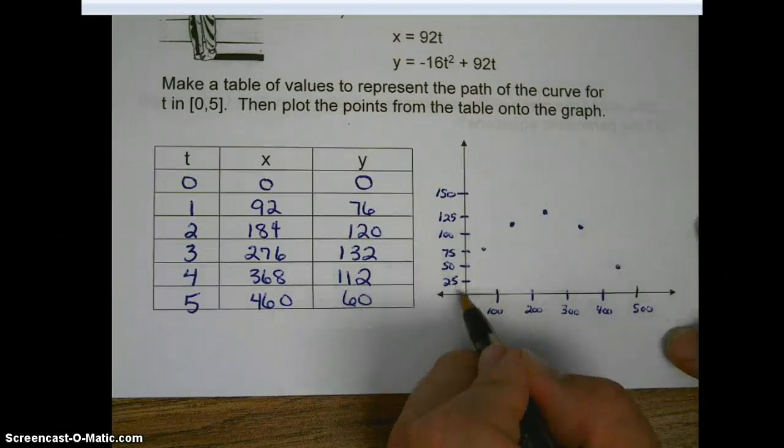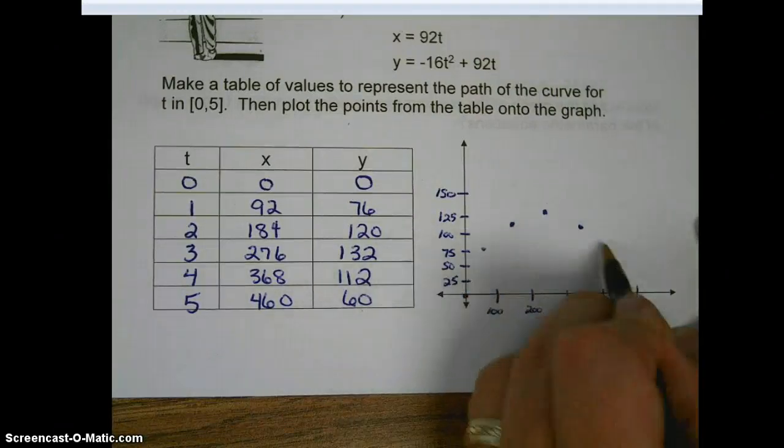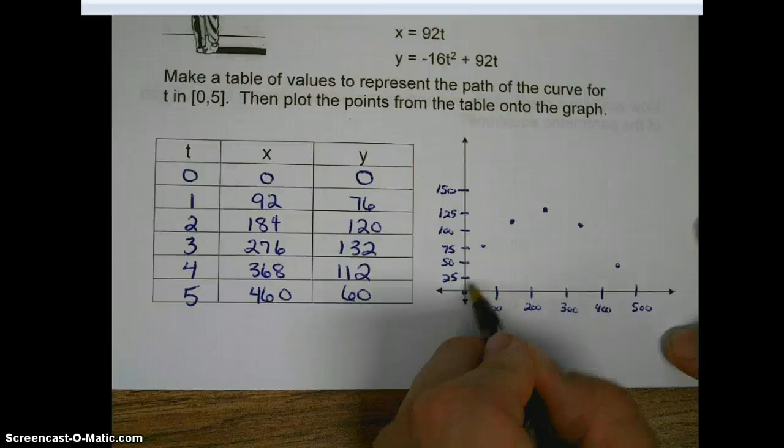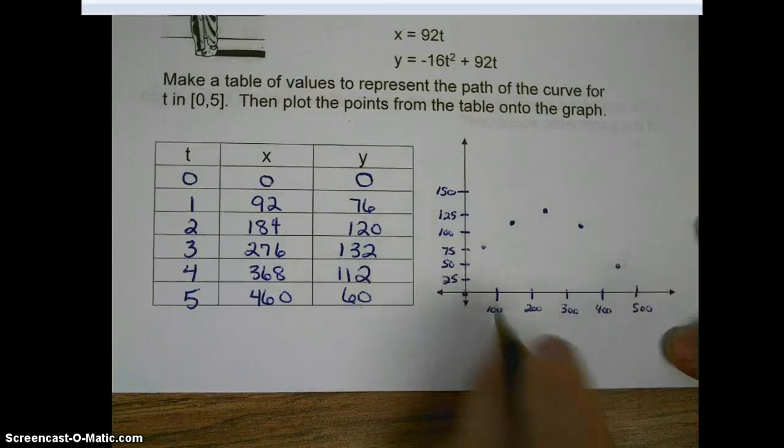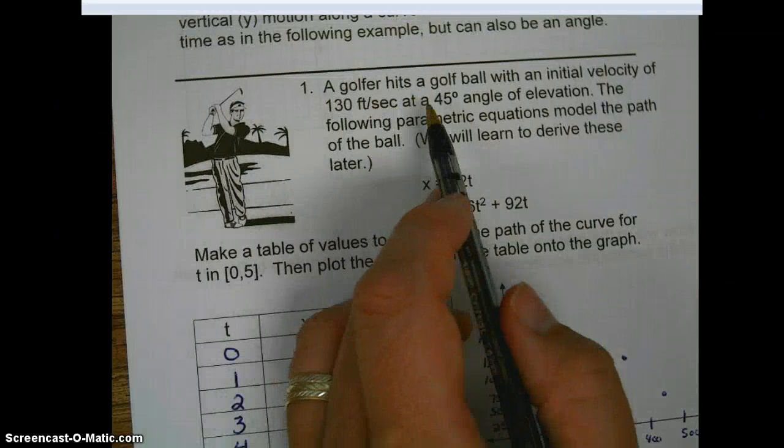So notice the parabolic curve, the quadratic nature of this graph. And it makes sense. In the problem, we have a golfer hitting a golf ball.